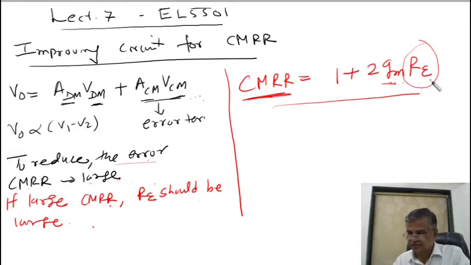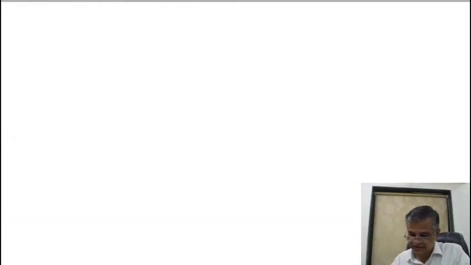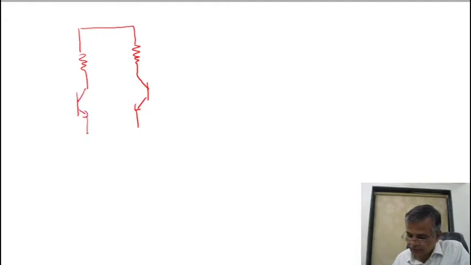RE means which? You can see like this. This is your RE. This is the basic circuit diagram I am showing you. Generally everything you have to discuss with the basic circuit diagram.